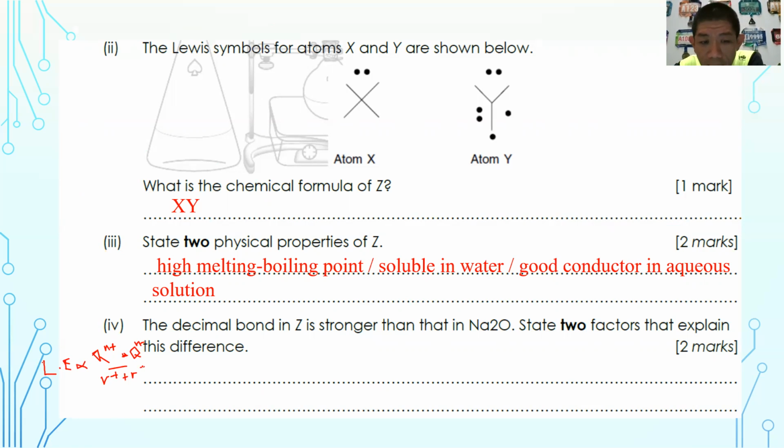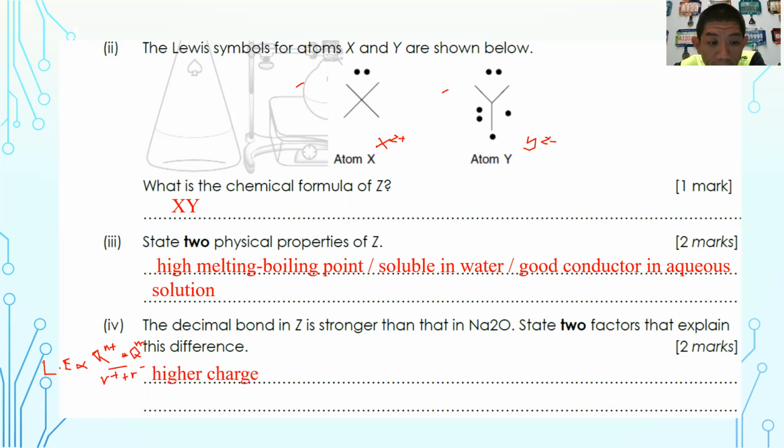So here, X is from group 2 and Y is from group 16. You expect X to form 2+ and Y to form 2-, so they have a generally higher charge.